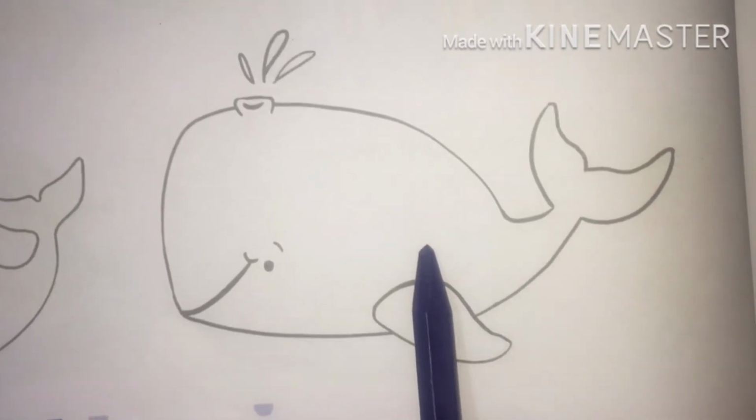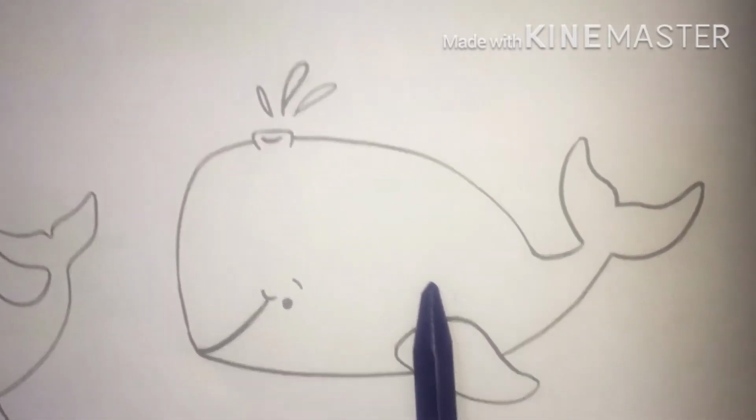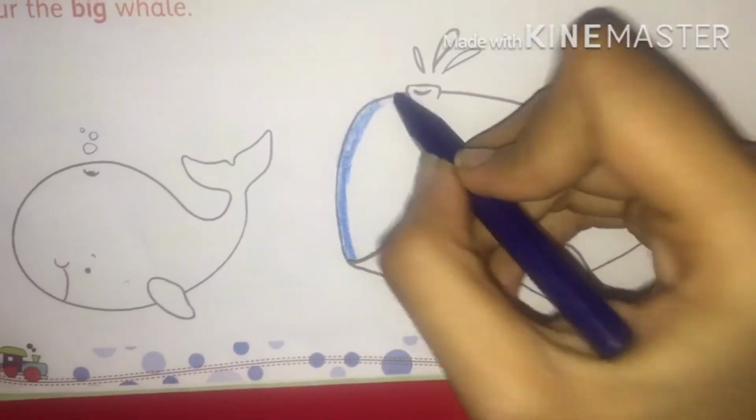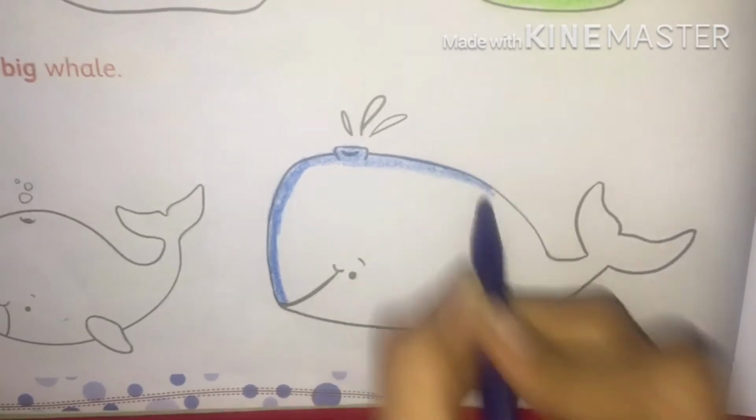So what we are to do is we are to color the big whale. So let's start coloring. First we are to do outline. What we are to do? Outline.